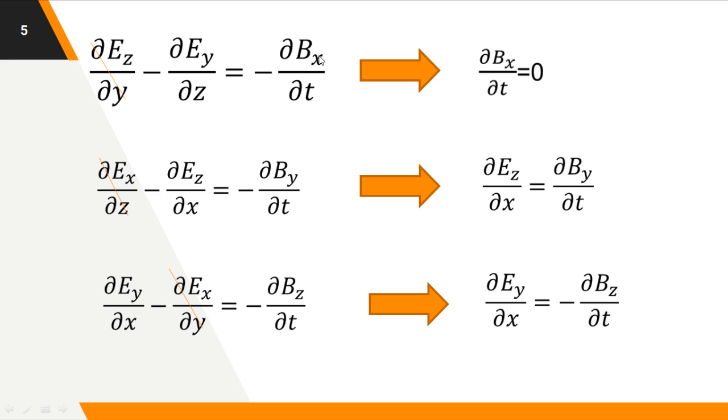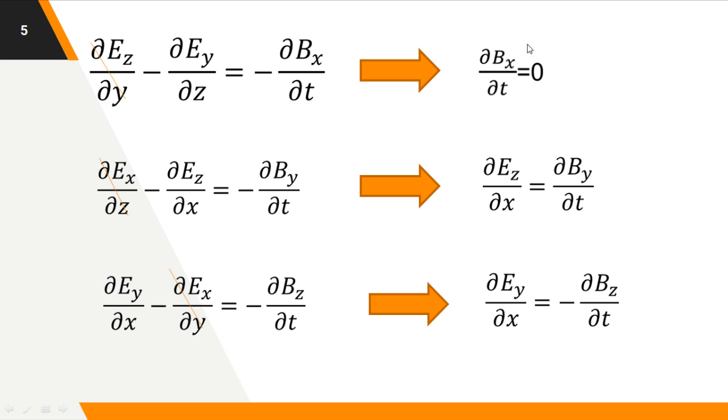What is left is ∂Bx/∂t equals 0. Similarly, this term is 0 in the second part, and ∂/∂z here and ∂/∂y here, these two terms are 0. What is left is ∂Ez/∂x equals ∂By/∂t, and in this place ∂Ey/∂x equals minus ∂Bz/∂t.